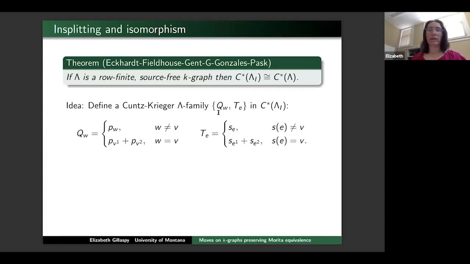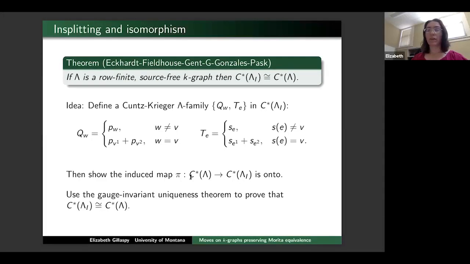And so the universal property of C-star lambda tells us that we have a star homomorphism from C-star lambda into C-star lambda I. Then you can actually show that it's onto, that every single generator of C-star lambda I is in the image of this map pi. And you prove that it's injective by using the gauge invariant uniqueness theorem.